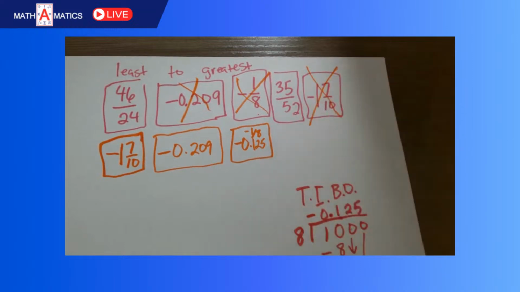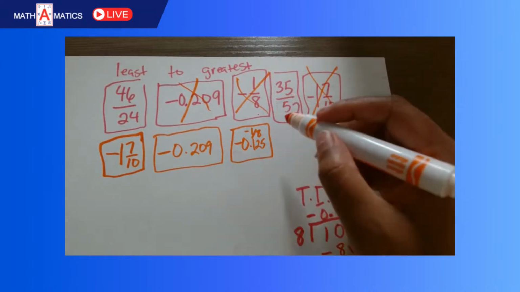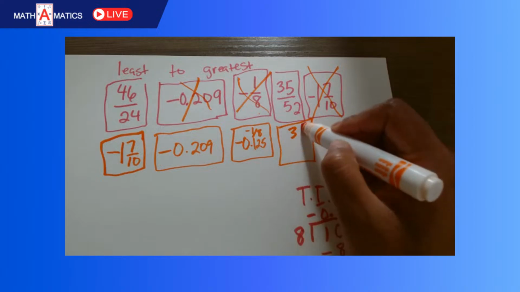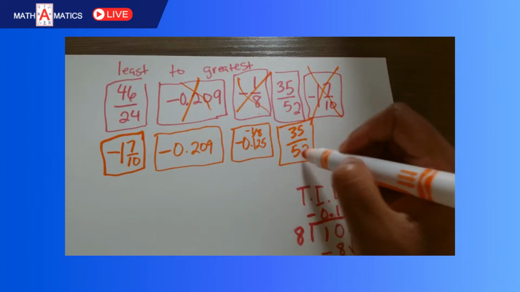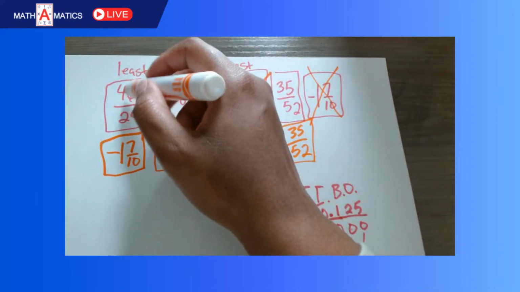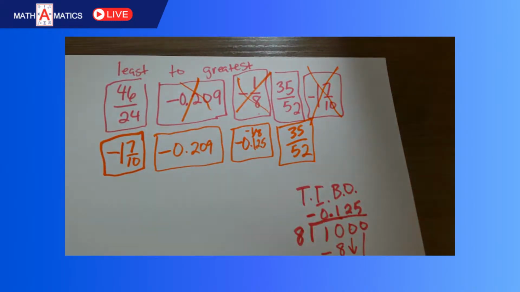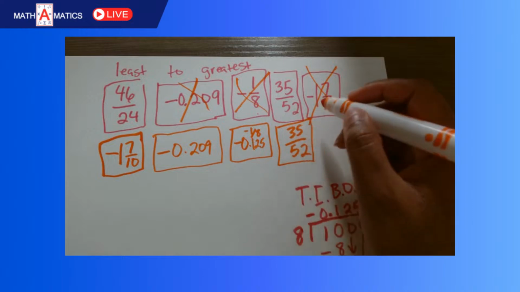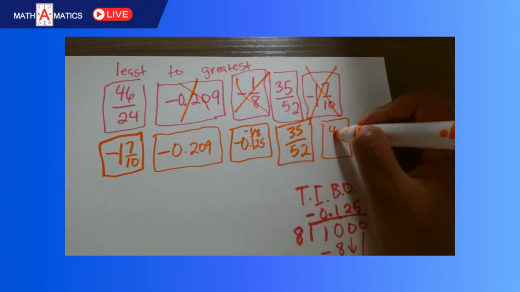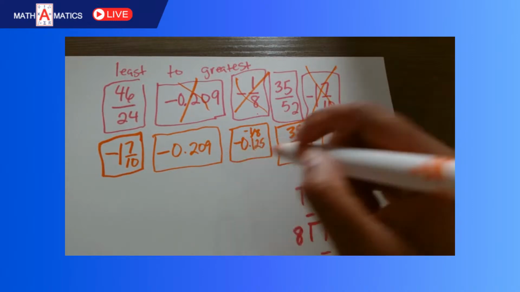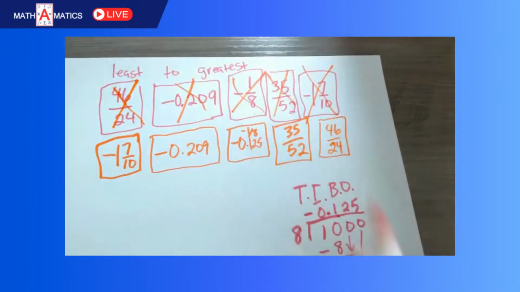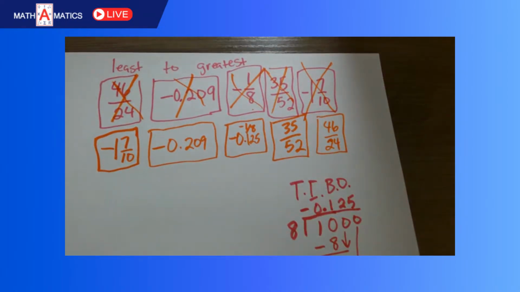So without doing any math, this 35 over 52 is smaller than 46 over 24. Because 46 over 24 is an improper fraction, it means we have at least one whole in there, but 35 over 52 does not. So 46 over 24 has to be our largest number. And that is how we can order those. While that might seem intimidating to someone at first, with a little logic, you can really get there.